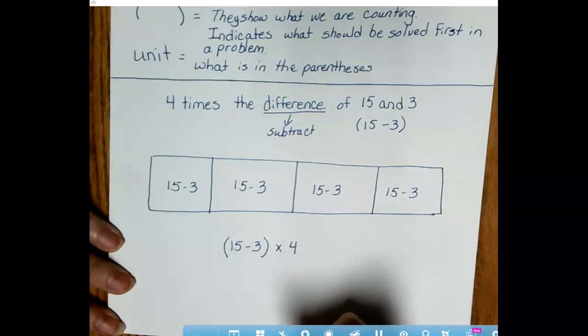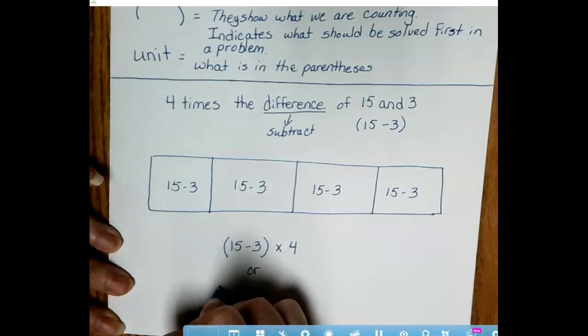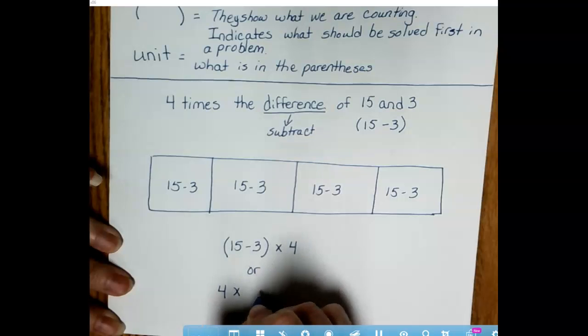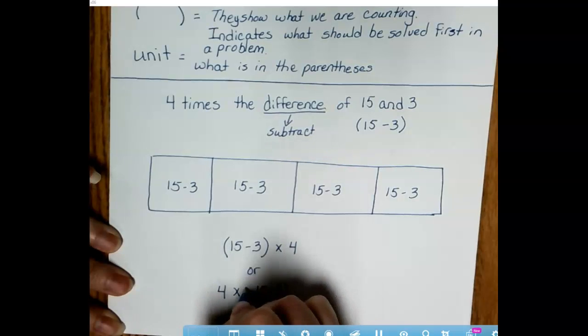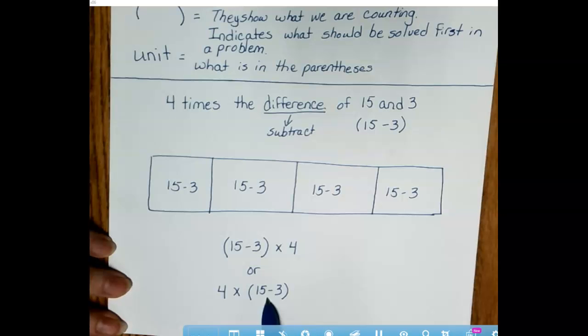I can also write this the other way, because we know with multiplication that it doesn't matter which number comes first when they're multiplied. So I could say 4 times 15 minus 3 in parentheses, because I want to know 4 times the answer to this.